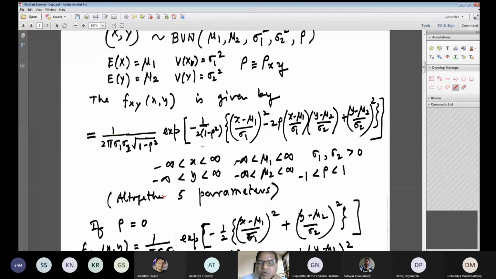Then the exponential power is there in the case of the univariate normal also. Here we are dealing with two normals.